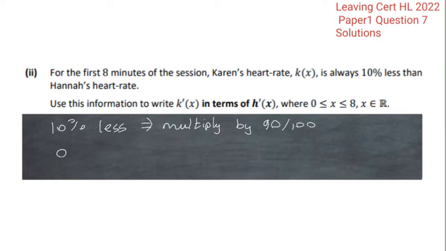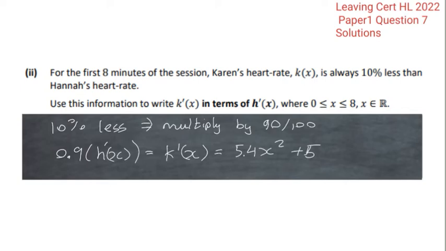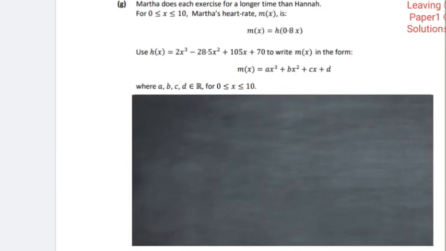So then we're going to get 0.9 of h dash of x, where h dash is the rate, is equal to k dash of x, which will be 5.4 when we multiply 0.9 by 6, x squared plus 51.3 x plus 94.5. So that's 10% less overall.